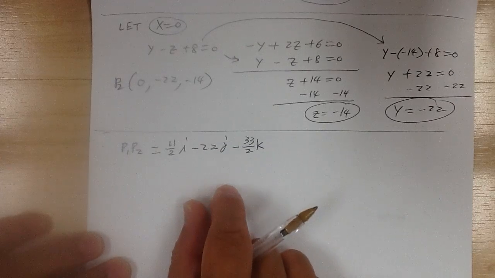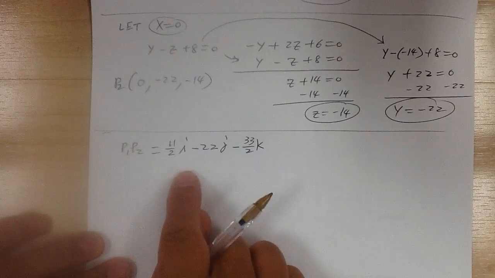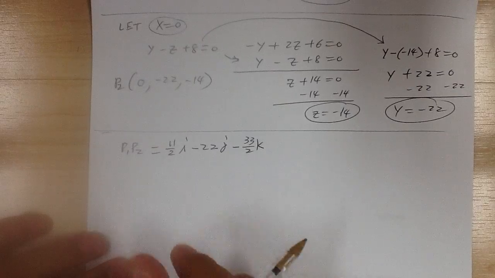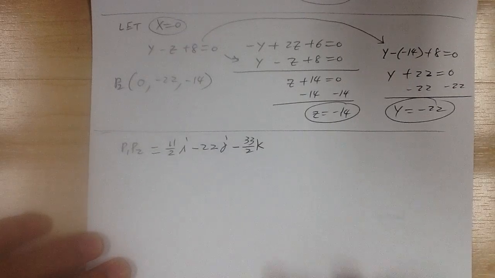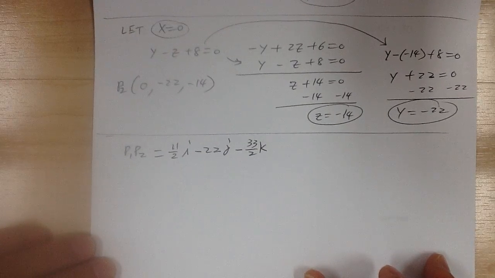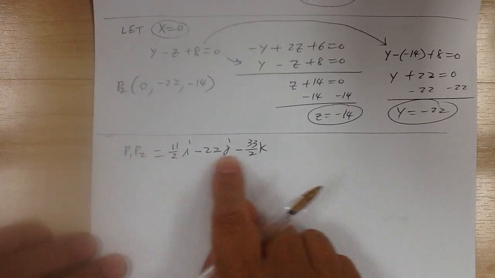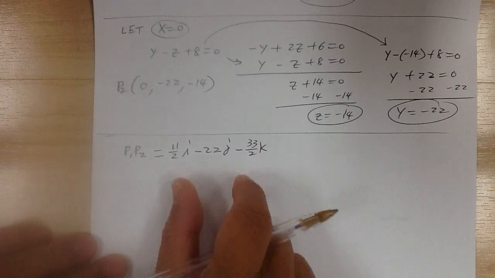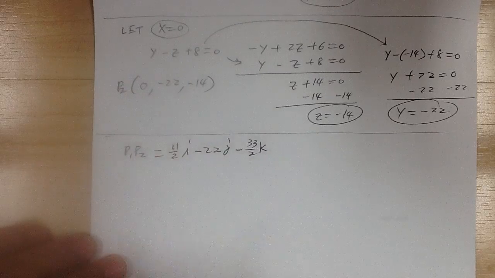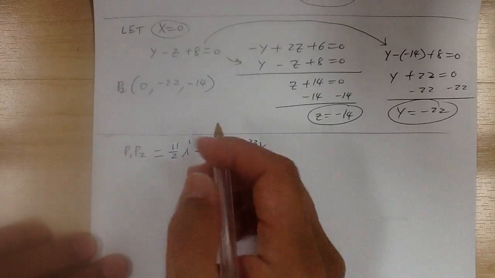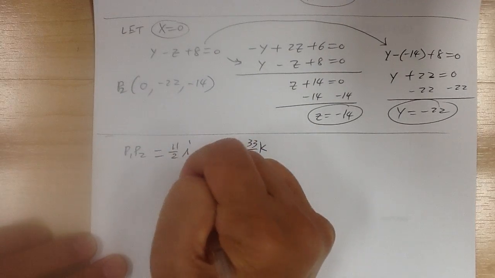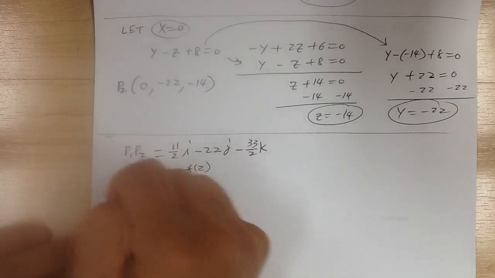Now, to find a symmetric equation, you can adjust the length of your vector. I don't like the fraction; it's messy. So I'm going to double the length of this vector, so I'm going to multiply by 2.